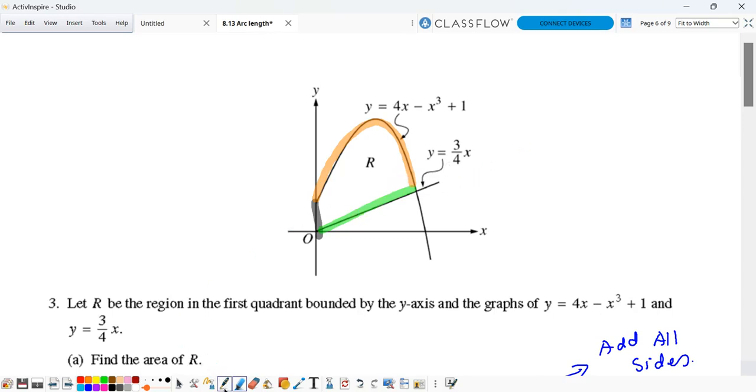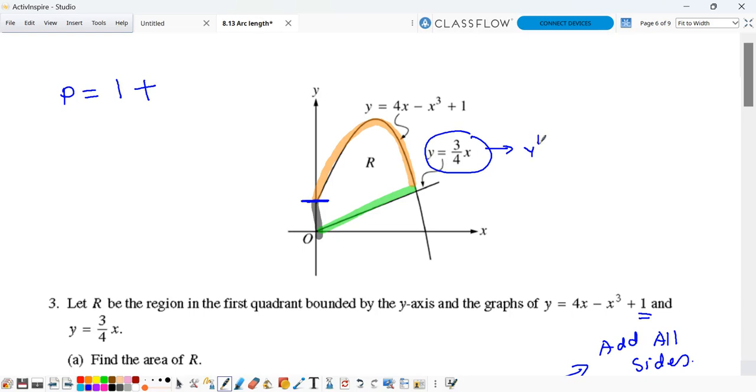The sum of all these three is the perimeter. So for example, let's set up P. This length is the y-intercept, which is 1. So 1 plus this line.